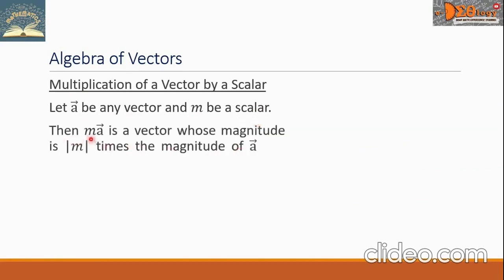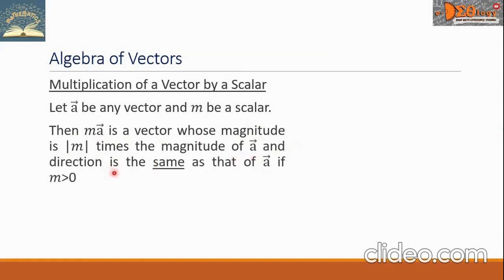Then, the product M times vector A is a vector whose magnitude is the absolute value of M times the magnitude of vector A. And direction is the same as that of vector A if M is greater than 0, or we say that M is positive, and opposite to that of vector A if M is less than 0, or M is negative.